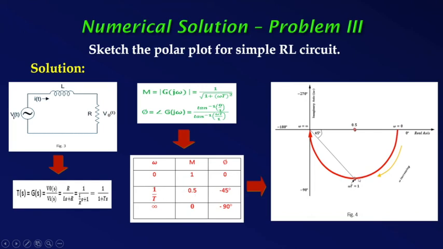When omega equal to 1 by T, the magnitude is 0.5 and the phase angle is minus 45 degree. Then omega is increased, the magnitude decreases to 0, and the phase angle approaches the minus 90 degree axis. So this is the finishing point, at minus 90 degree with magnitude 0, omega is infinity. This is the final polar plot.